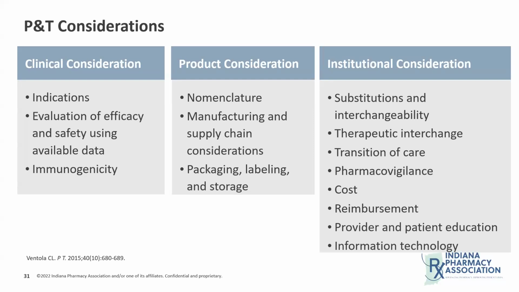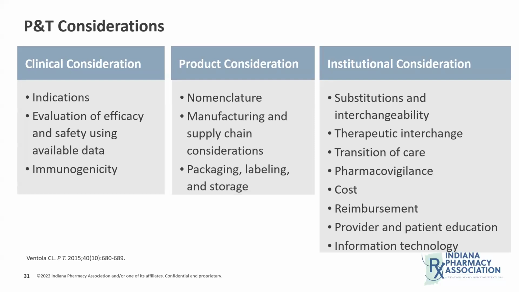Because if it's interchangeable, the pharmacist could switch it, but is that safe? Is that in the patient's best interest? In addition, I'll touch on the confidence of medical professionals when prescribing and switching biologics, where we know some confusion can be taken into account, especially with the naming.